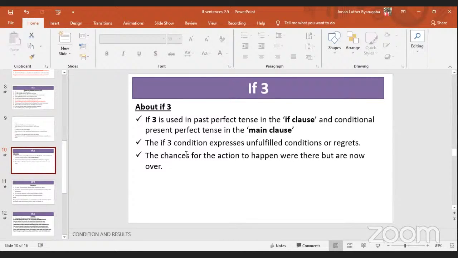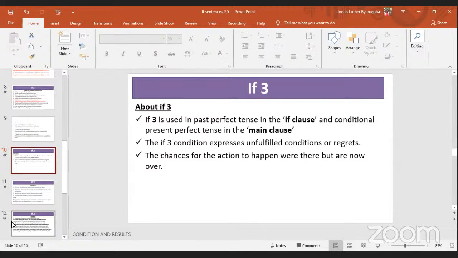Then we said the main clause is expressed in the conditional present perfect tense. We opened another slide and explained to you how to make the conditional present perfect tense. We said use the word would plus the word have plus a verb in the past participle. Words like would have eaten, would have drunk.